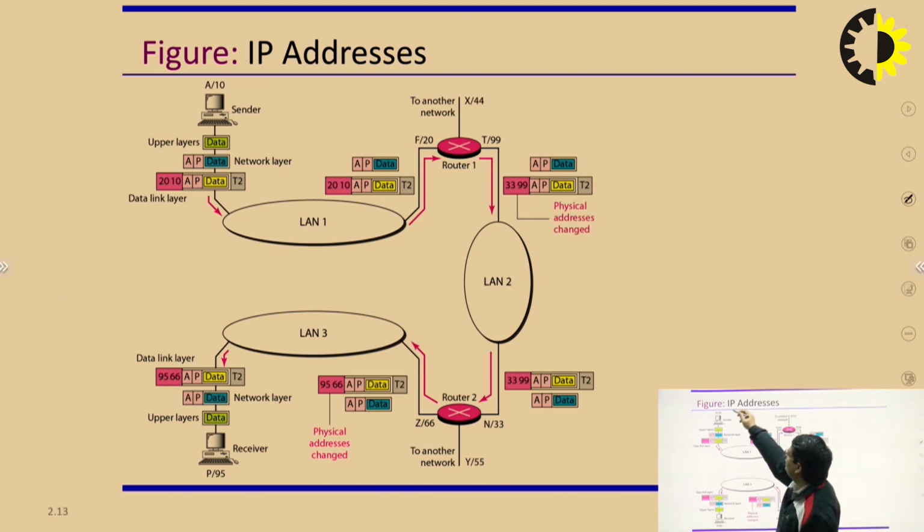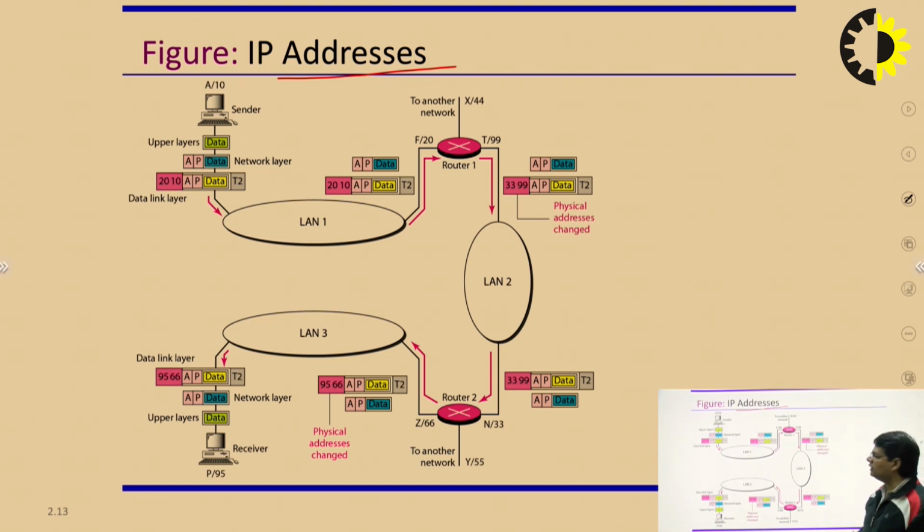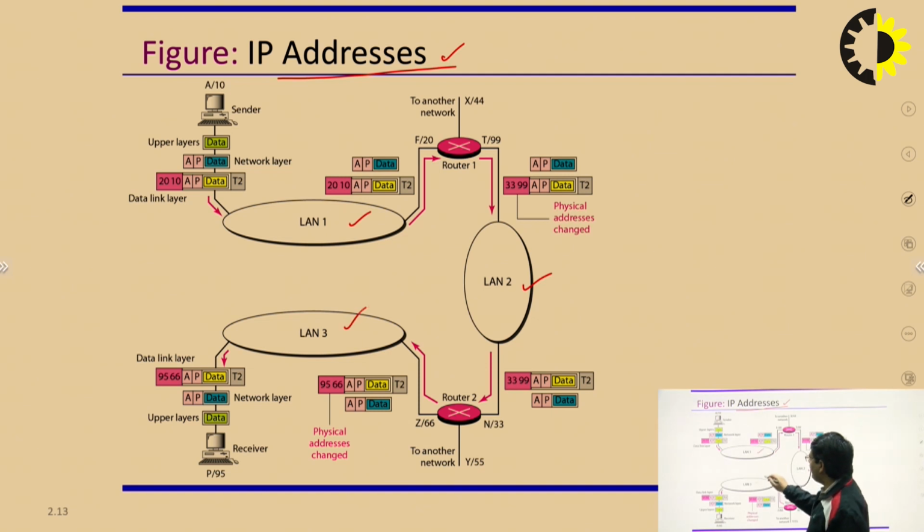This is for IP address. IP addresses are basically device addresses in the network. When any device is connected to the internet, it has an identity in the network. That identity is the IP address. So we have local area networks and we have various systems connected to the network.